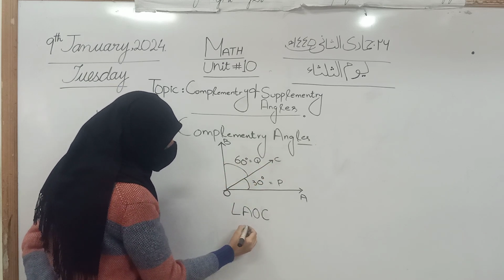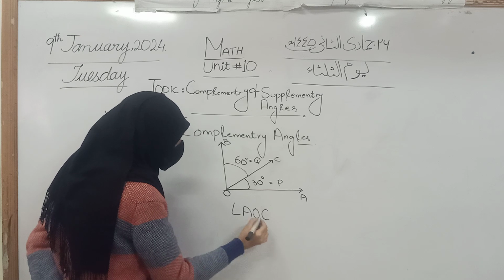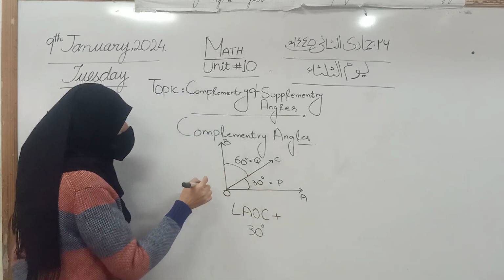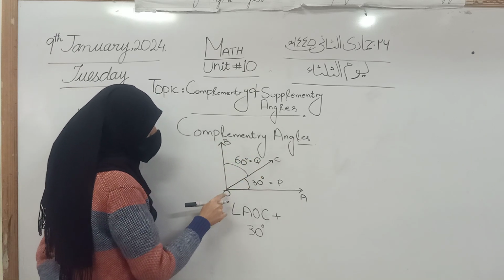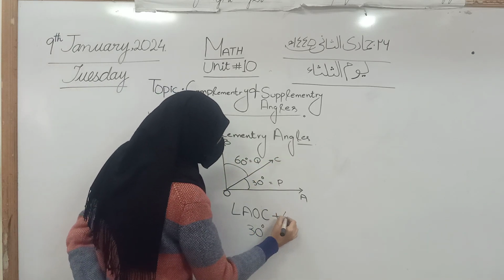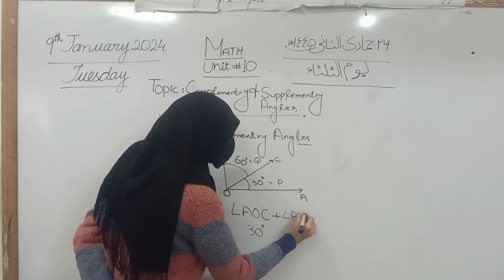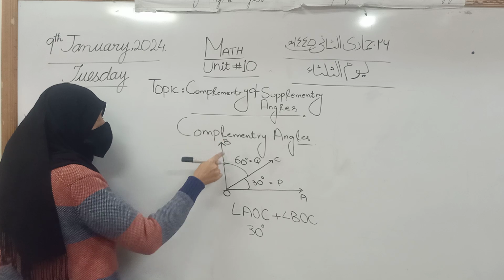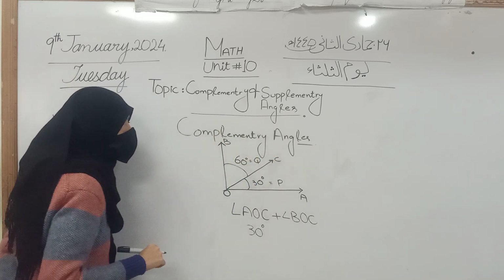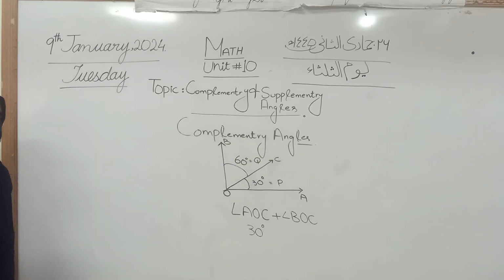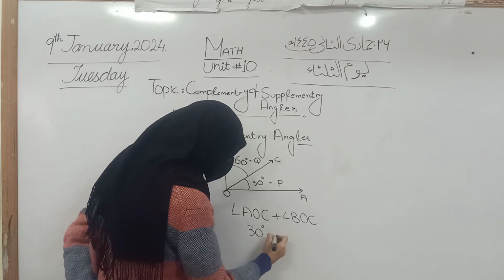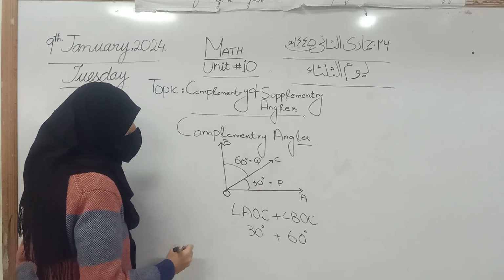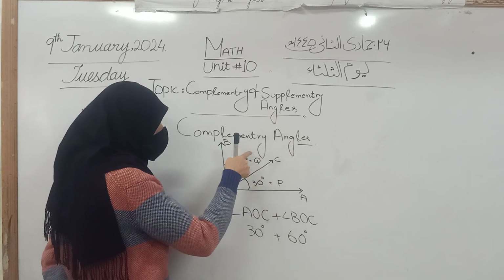Please tell me. 30 degrees. Very good. Now, plus I am going to add it with angle BOC. Now, tell me the measurement of angle BOC. What will be the measure? Very good. 60 degrees.